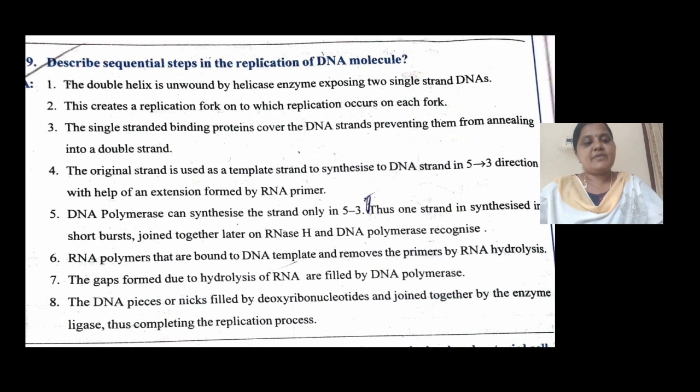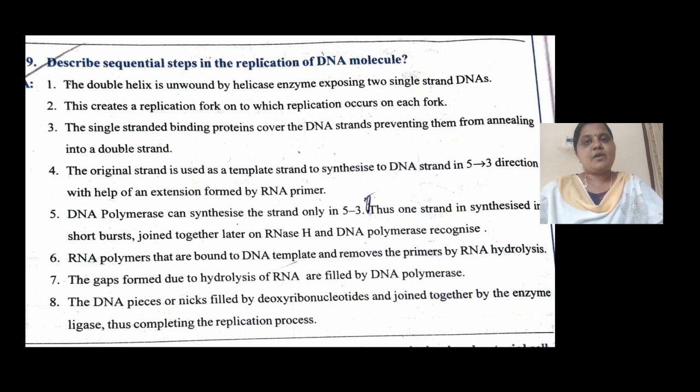Total 8 replication steps are there, and the main step you should remember is that the double helix is unwound by the helicase enzyme, exposing 2 single-strand DNAs. After one strand is synthesized in short bursts and joined together later, RNase and DNA polymerase act. The RNase binds to the DNA template and removes the primers by RNA hydrolysis.